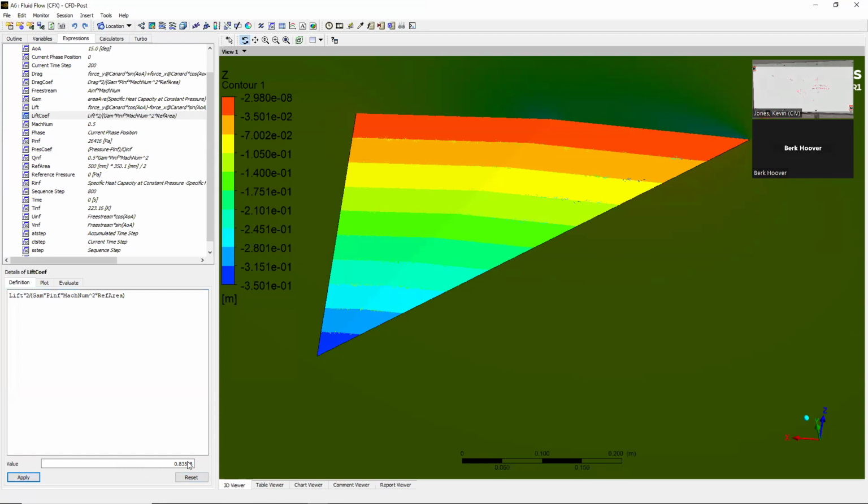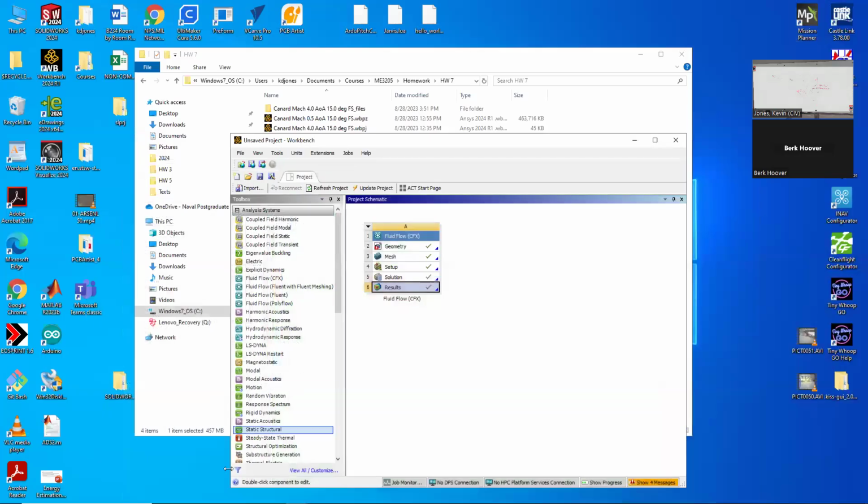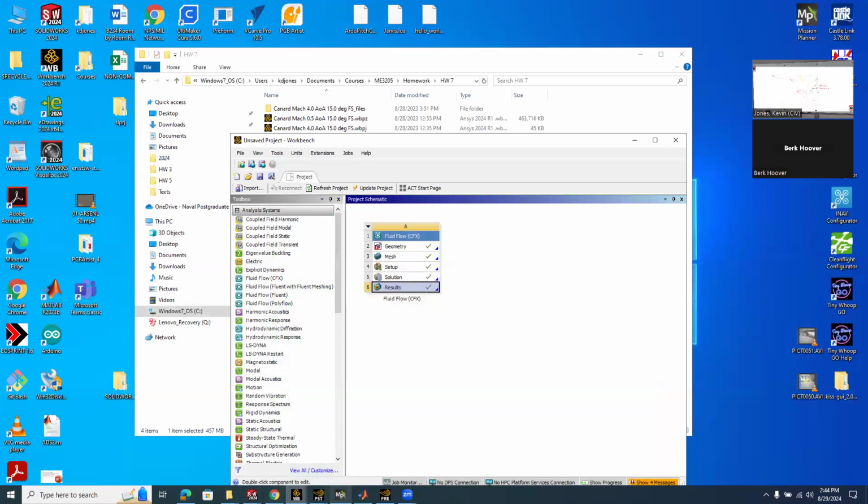And then what I want you to do is run 4 different angles of attack or more if you want. Then in Excel or MATLAB or wherever else you do your plotting, you can compute dCL/d alpha and compare that to the dCL/d alpha you get from your vortex lattice method. I think I have that here too.